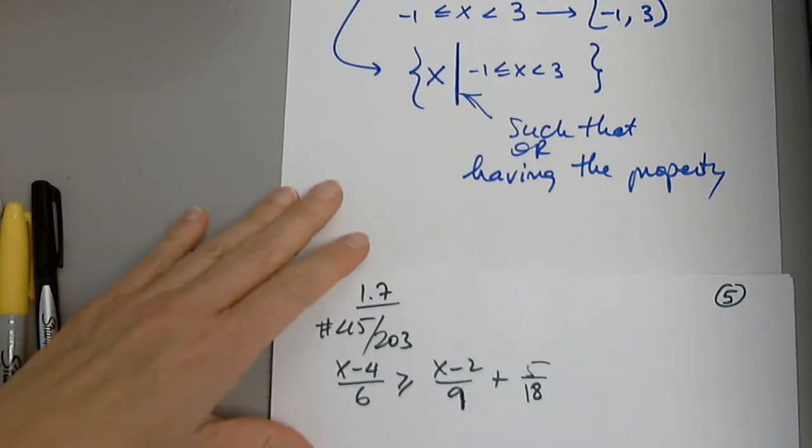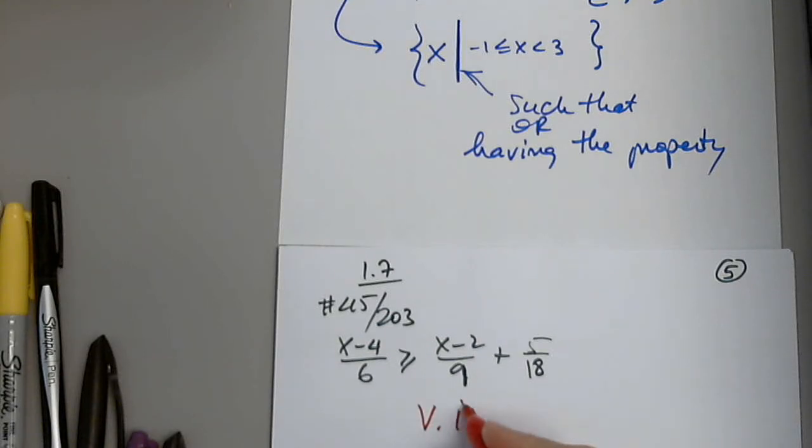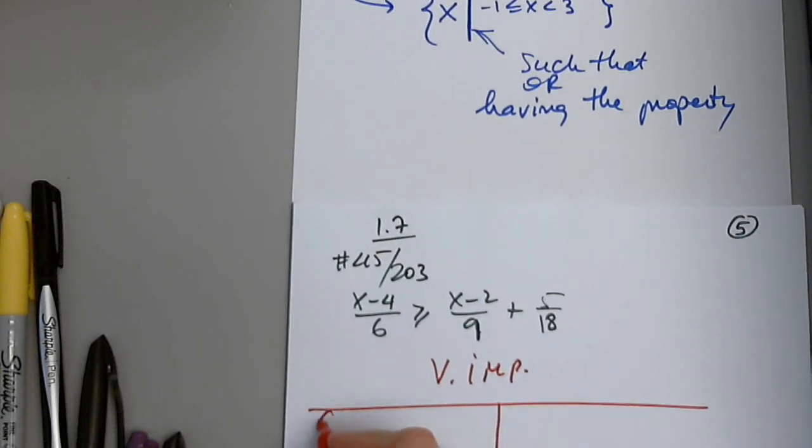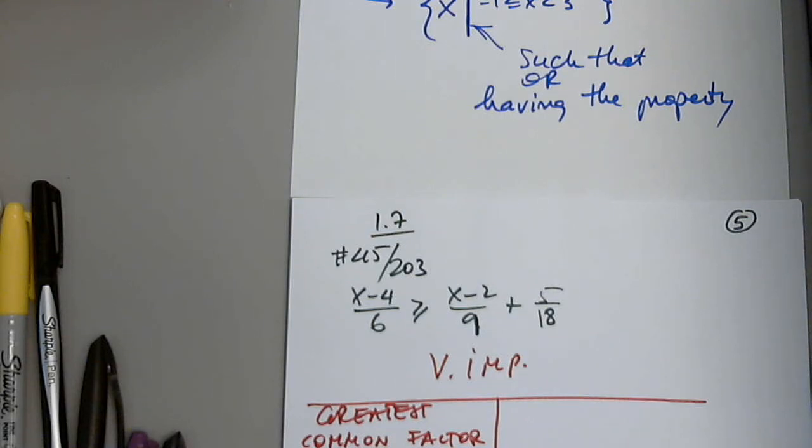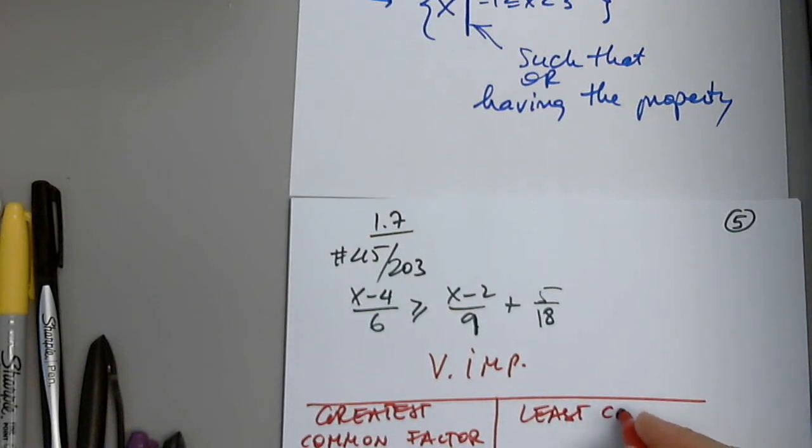This is very important, very important, very important. Greatest common factor is one thing, and the least common denominator is a totally different thing.